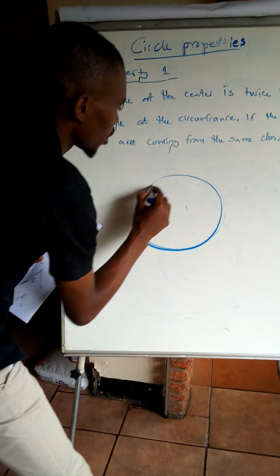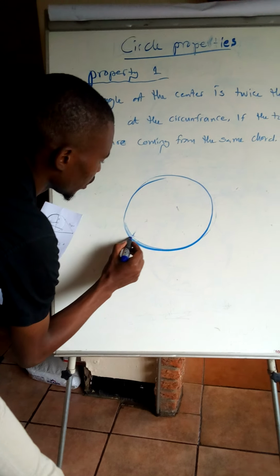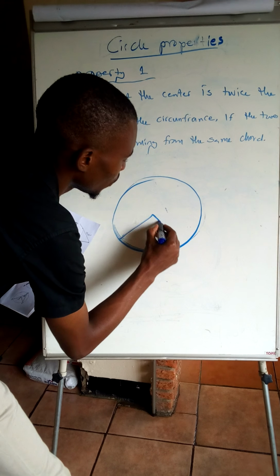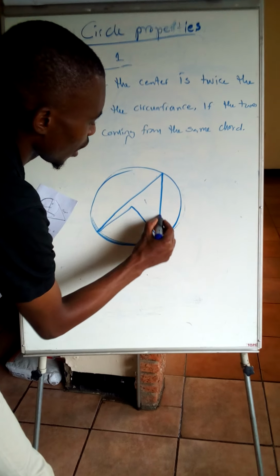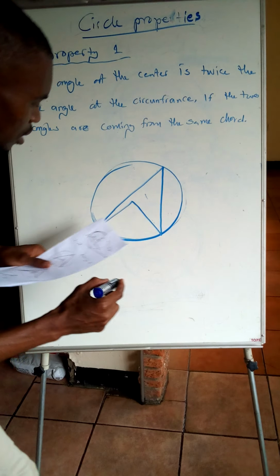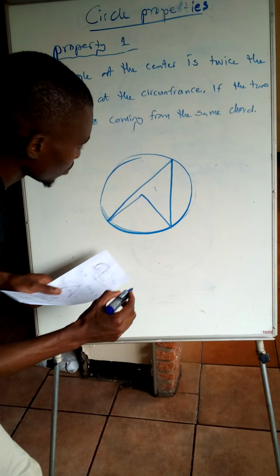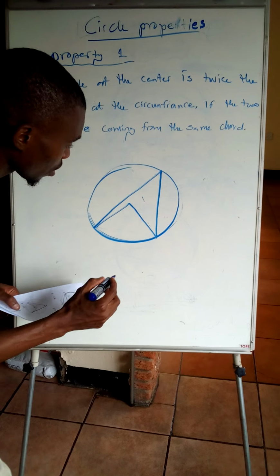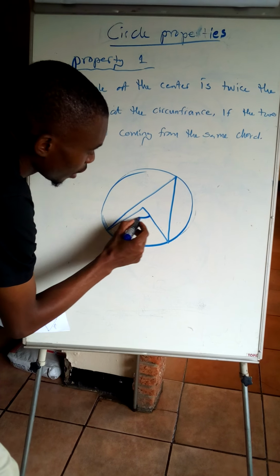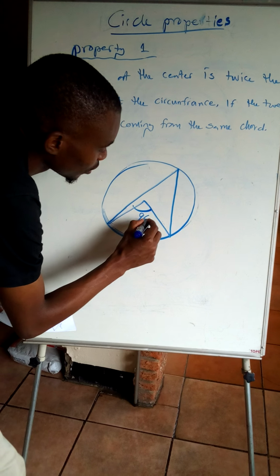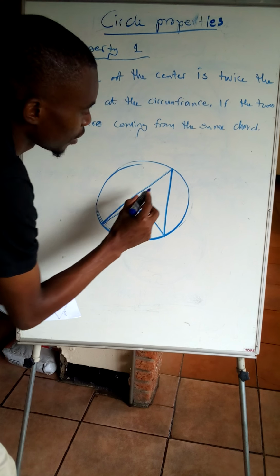Suppose we have a circle here, and then we have 2 angles coming from the same chord. Let's say I have 96 degrees here.